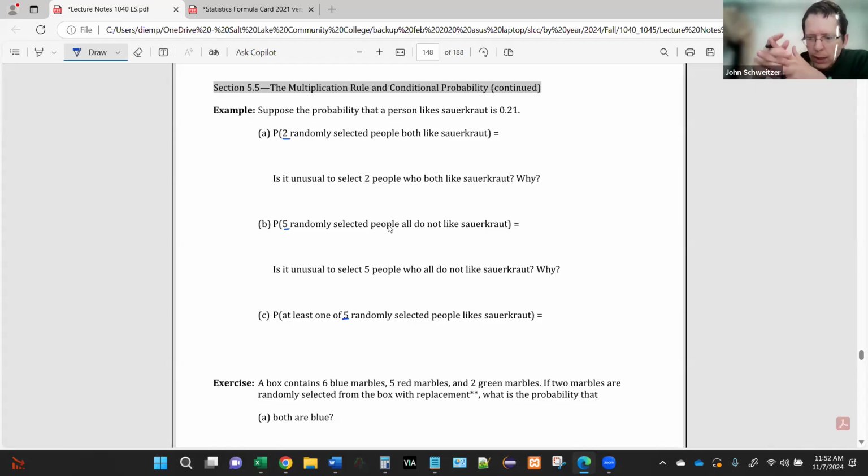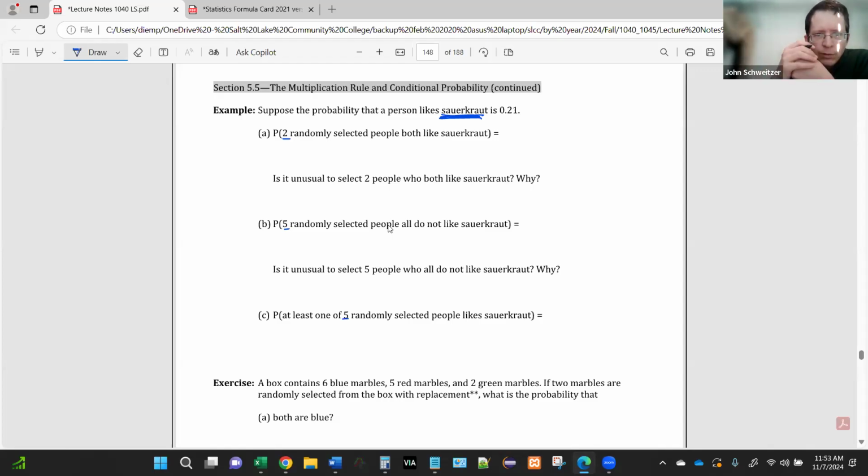You can imagine here that maybe we're doing some taste testing or some market research. Maybe you work at Heinz, Heinz ketchup, one of these condiment companies, and you're looking at the market for sauerkraut. Do you know what sauerkraut is? I think it's kind of like a fermented cabbage, and it's pretty common to put it on hot dogs.